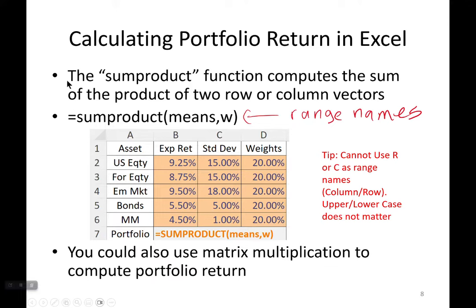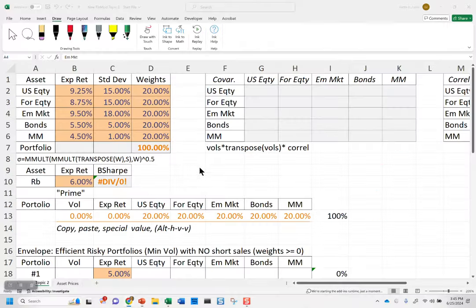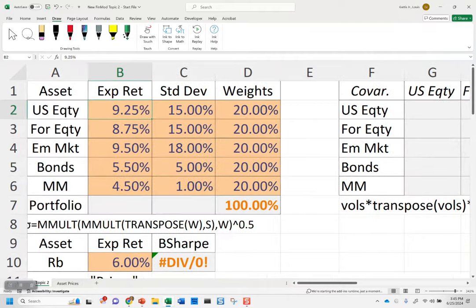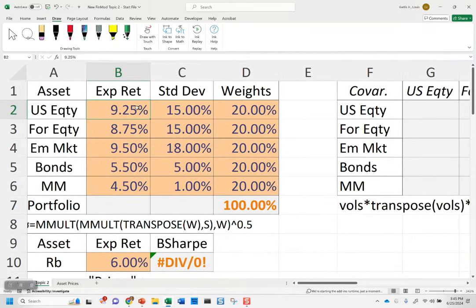So for example, if I go to my spreadsheet, notice, by the way, in this spreadsheet, I've given some named ranges. This range right here is called means. It's the mean returns or expected returns. This column here of portfolio volatilities are called vols, and this vector of weights is called W.